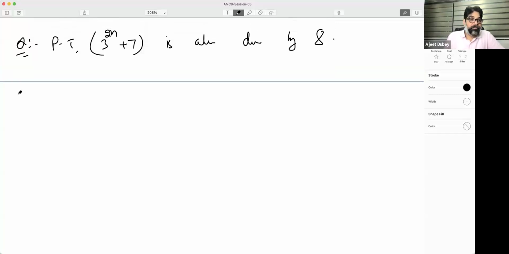Okay, let me. 3 power 2n plus 7, we have to prove that it is divisible by 8.